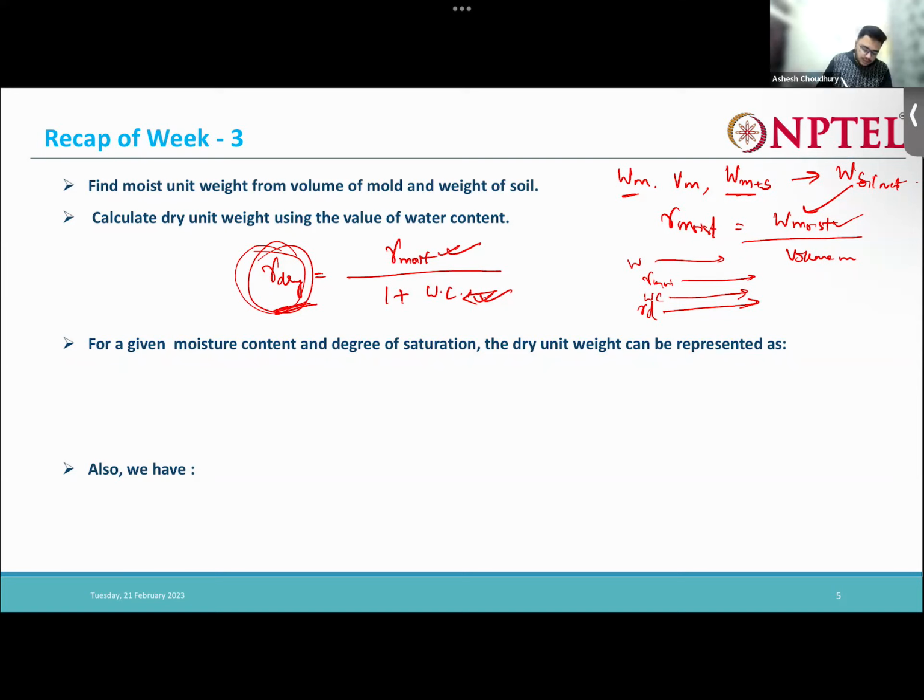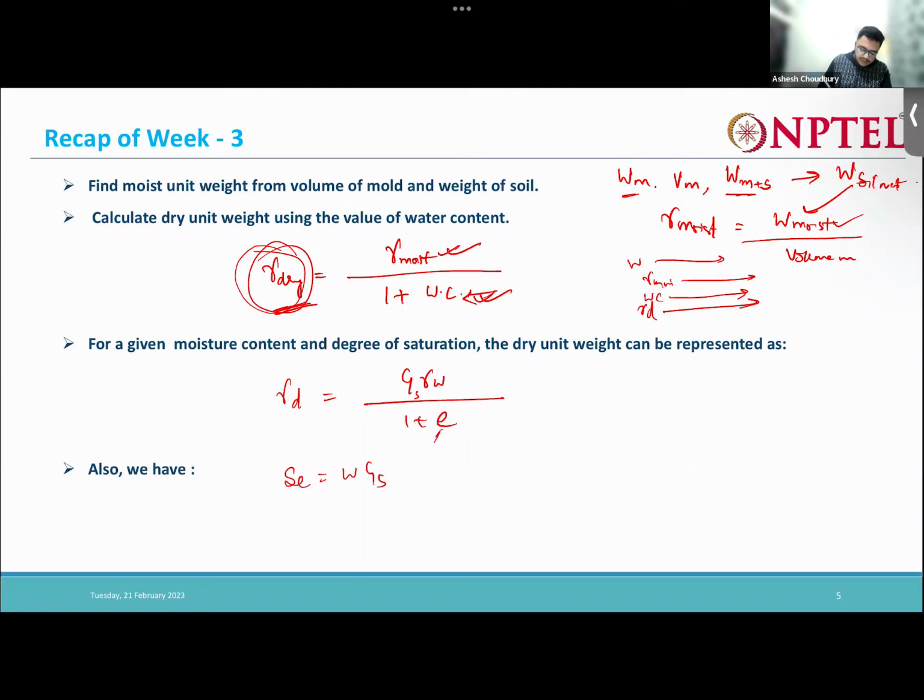Okay, so here, for a given moisture content and degree of saturation, the dry unit weight can be represented as gamma dry is equal to G into gamma W by 1 plus e. We already know this. We also know another thing, that S e is equal to w into Gs.